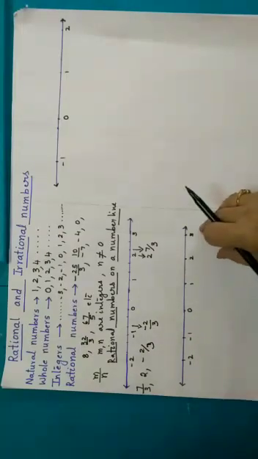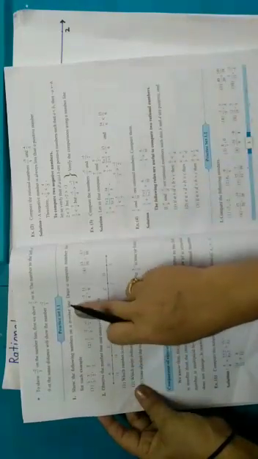Now we go to the practice set. (1.1) Show the following numbers on a number line. Draw a separate number line for each example.